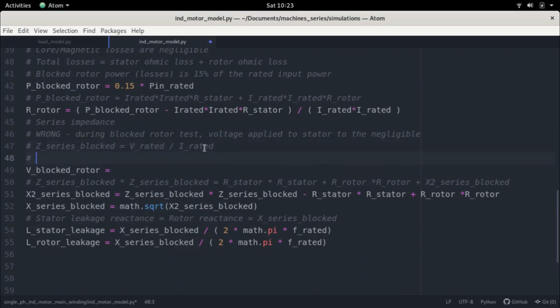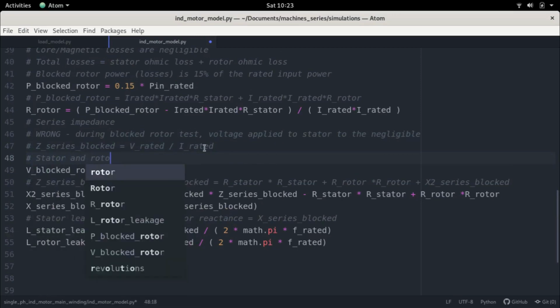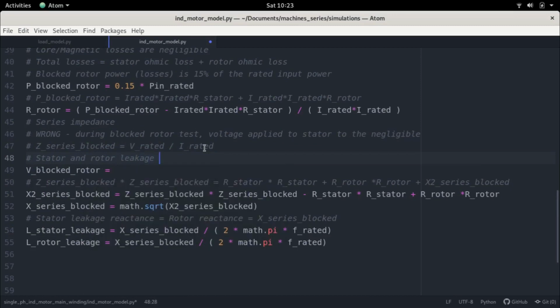The assumption we make is that since stator and rotor leakage reactance is around 2 to 3% each, the total voltage that needs to be applied will be in the range of around 5 to 6%.